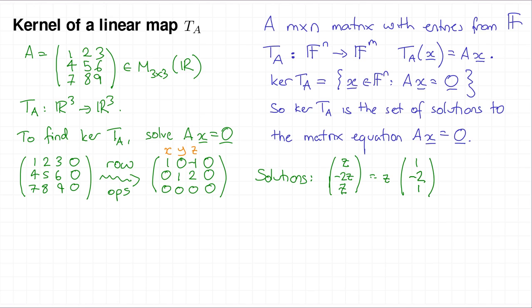And what this is then saying is every element of the kernel of T_A equals a scalar multiple of the vector 1, minus 2, 1.